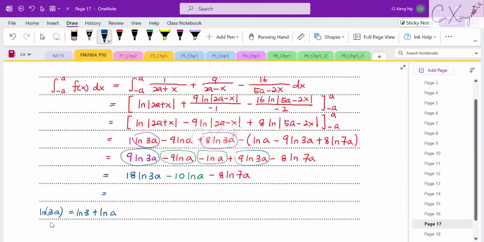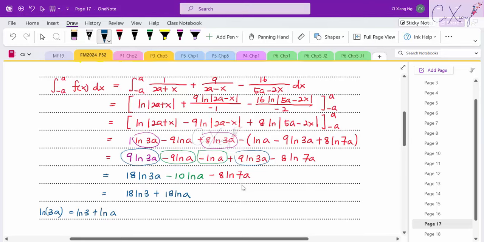So we are going to do it backward. For this ln 3a, I separate it to become ln 3 plus ln a. Similarly for the ln 7a, I split it to become ln 7 plus ln a. This is what I plan to do for the next step. So I have 18 ln 3, then plus 18 ln a.